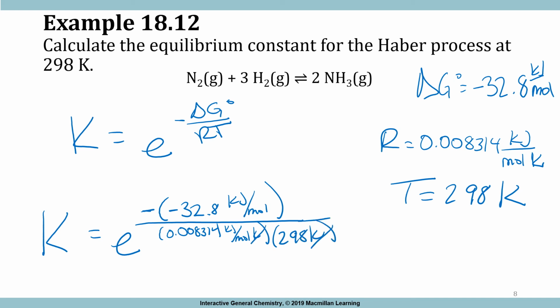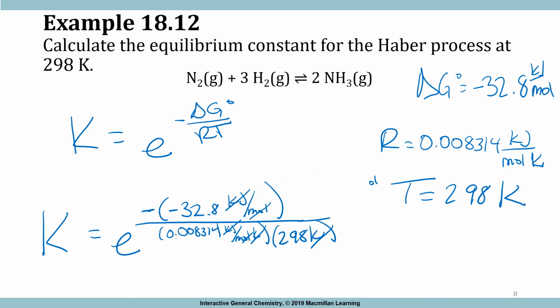So those Kelvins will cancel, the kilojoules cancel, and the moles also cancel because that's 1 over mole divided by 1 over mole. So that's just going to be 1 over mole times moles. So that's why those cancel out, if you're wondering.